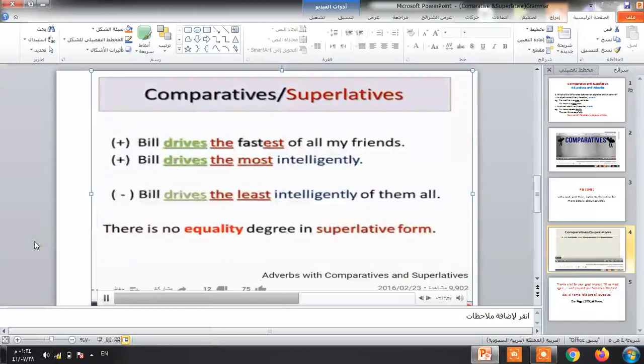So, Bill drives the fastest of all my friends, if I want to include that. Bill drives the most intelligently for the longer adverbs, and Bill drives the least intelligently of them all. Please note that there is no equality degree in superlative form.